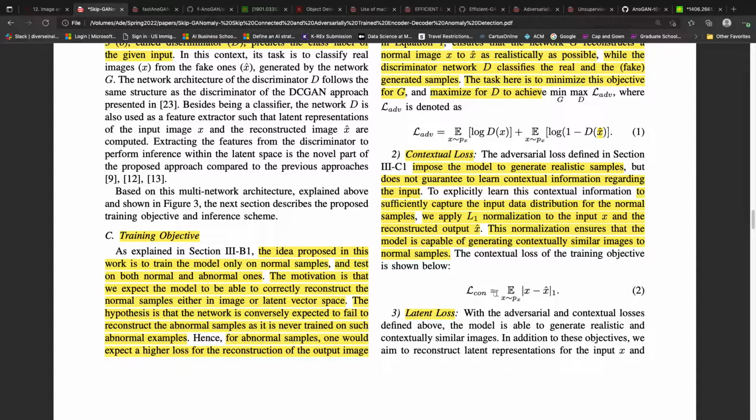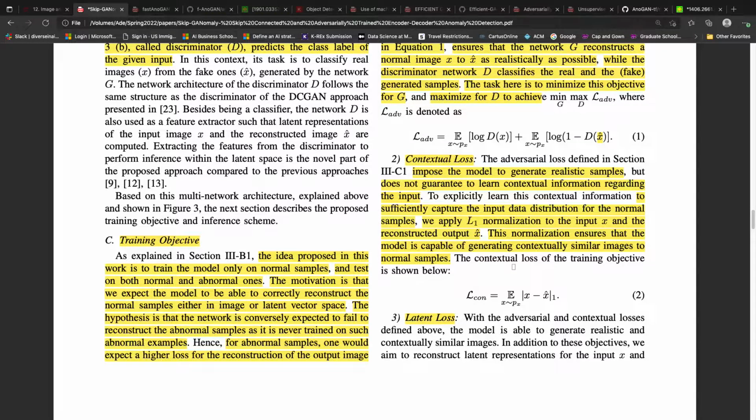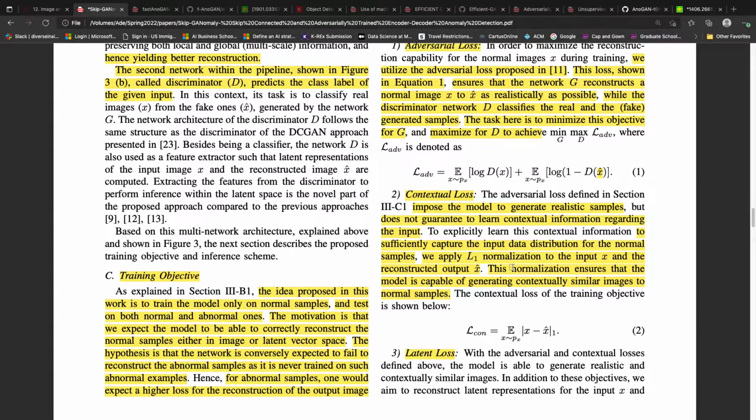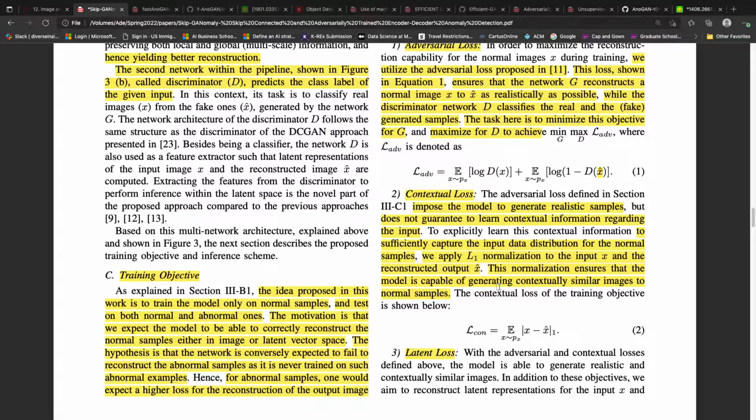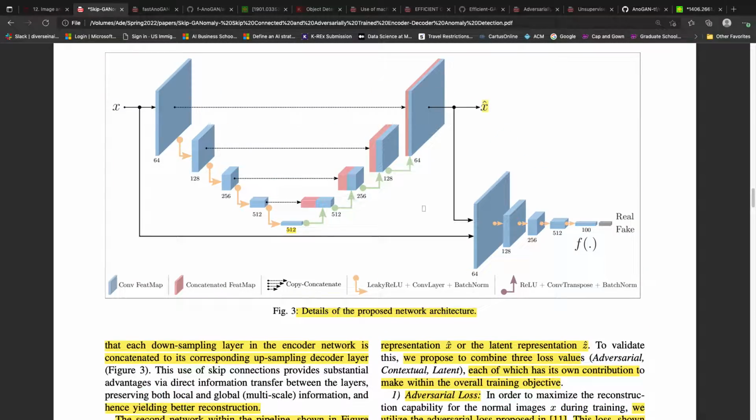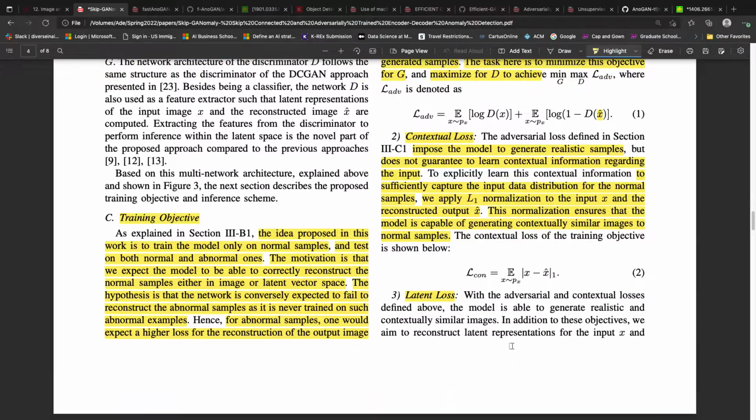The essence of this, which they call the contextual loss, is such that the network will be able to actually learn the latent distribution of the input data for the normal samples, because it is tasked to reconstruct the normal samples on the other end of the decoder sample.